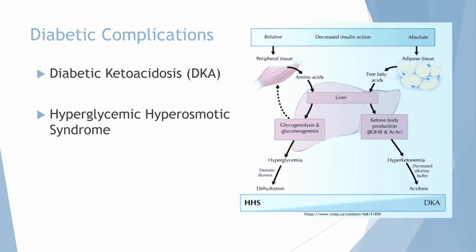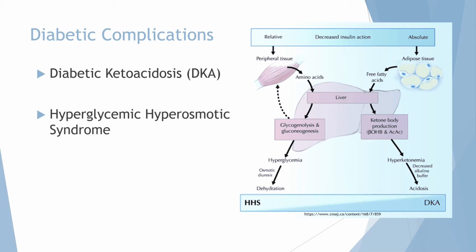Breaking down fat produces ketone bodies through beta oxidation. It typically causes symptoms such as polyuria, polydipsia, and acetone breath. It's usually of a fruity scent, and also nausea, vomiting, and abdominal pain can arise from DKA.